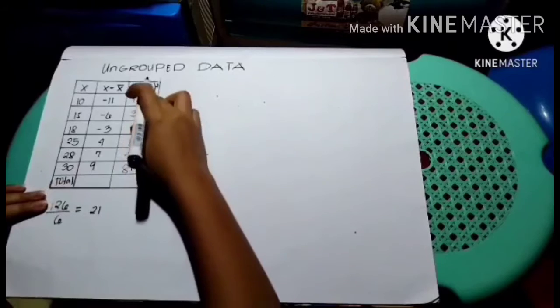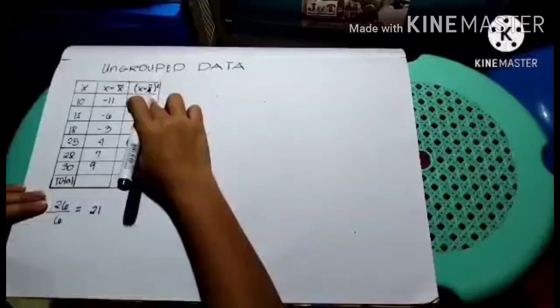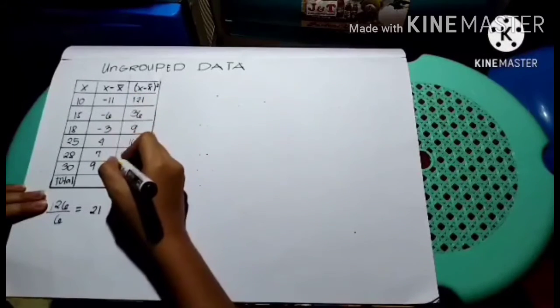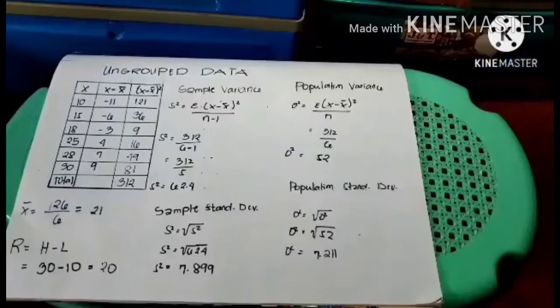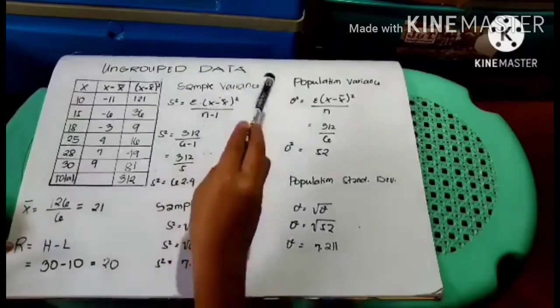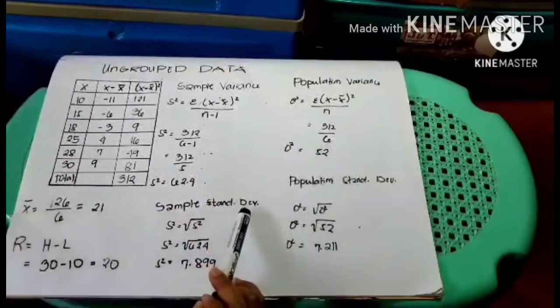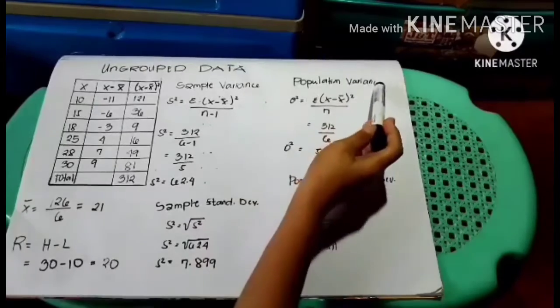So the overall total of this X minus X bar squared is 312.